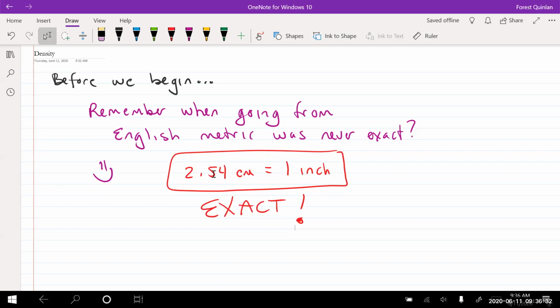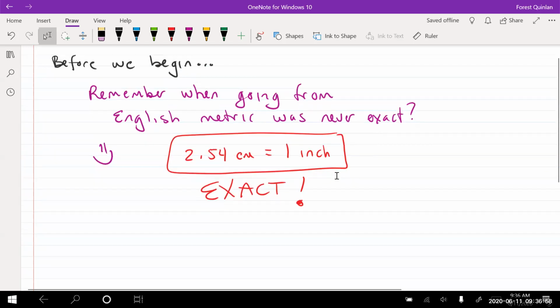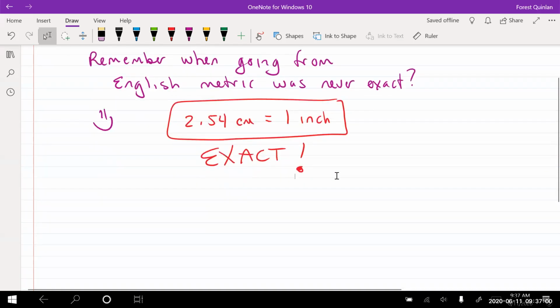So the international community came together and said, we have to standardize this. We don't care if you're not coming to the SI units, but we need to make sure we don't make these kinds of mistakes. So they made the decision that 2.54 centimeters will equal 1 inch, and we're going to call that exact, period. And so a few things had to be maneuvered around, but at the end of the day, it actually saved us a lot of time and a lot of money by making this definition.